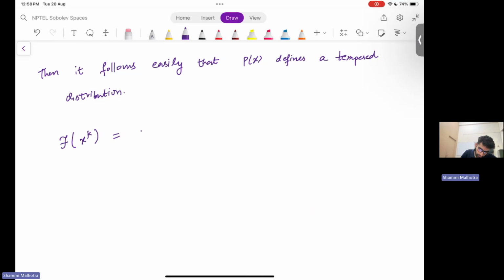The Fourier transformation of x to the power k can be written as x to the power k times 1, the multiplication of the function by x to the power k. We know this is (-1)^k times (1 upon 2 pi i)^k, and then the k-th derivative d^k by d psi^k of the Fourier transformation of 1.